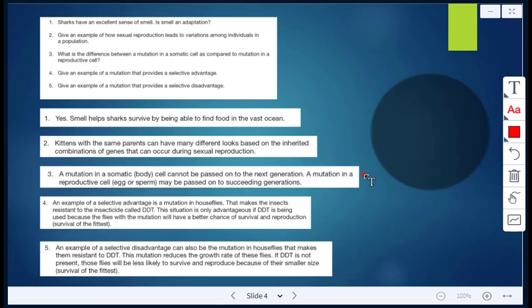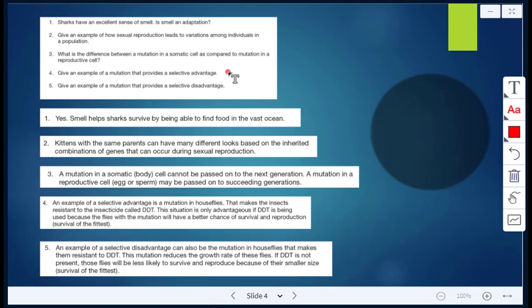So if there's a mutation in a somatic cell, which is like a body cell, just think of any body cells like skin cells, hair cells, heart cells, those mutations occurring in the body cell are not going to be passed on to the next generation. But if a mutation occurs in a reproductive cell, which is the egg or sperm, then it may be passed on to the offspring, so passed on to succeeding generations.